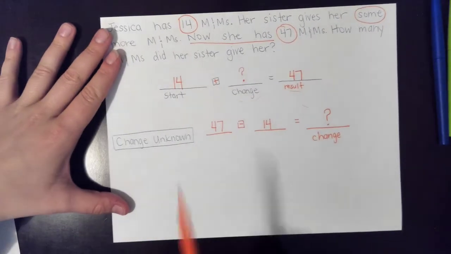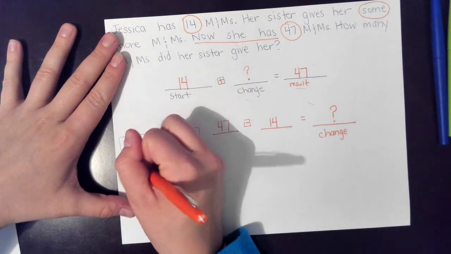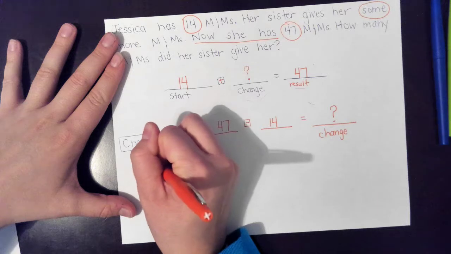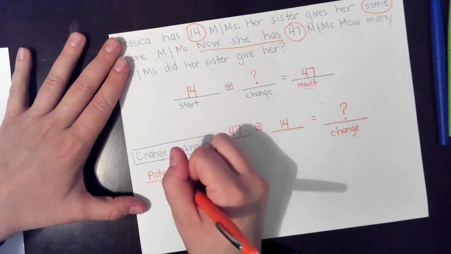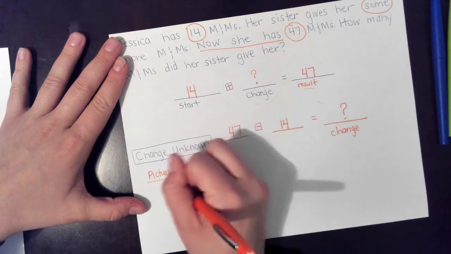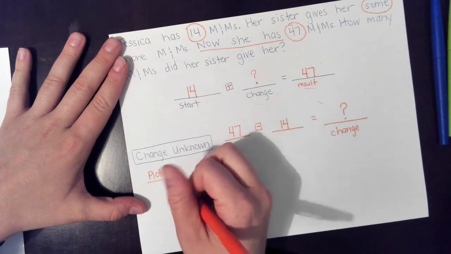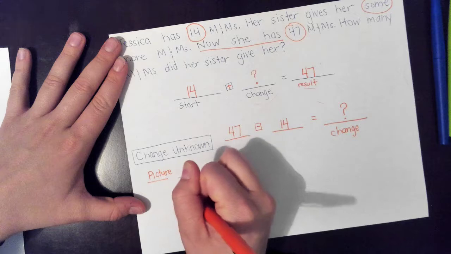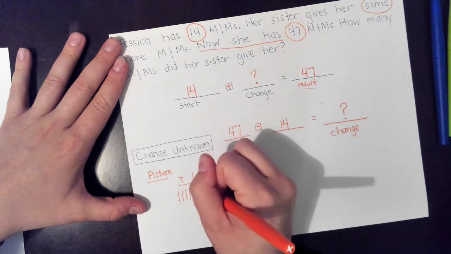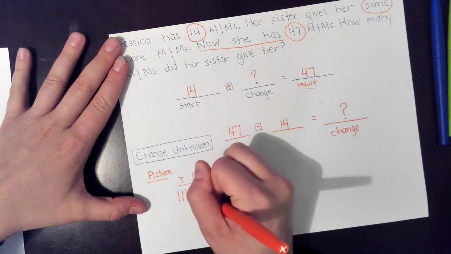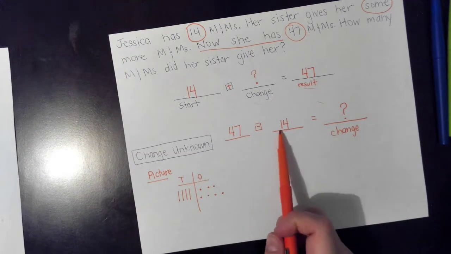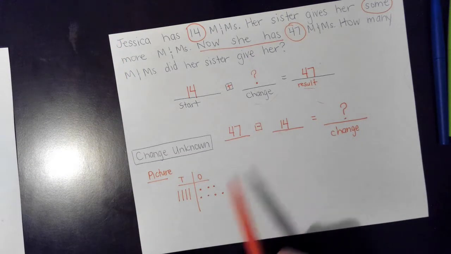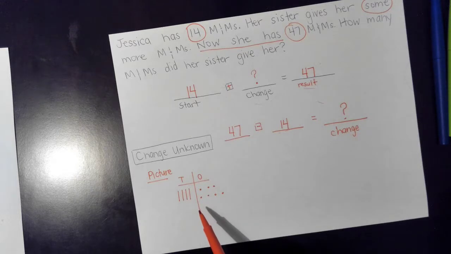I'm going to try it with a picture. So I know that in this case I have 47. So I'm going to draw 47. 1, 2, 3, 4. 1, 2, 3, 4, 5, 6, 7. Well, I know I'm going to take away. So if I'm going to take away 14, I'm not going to add more to it.